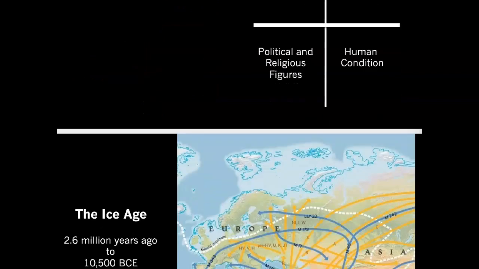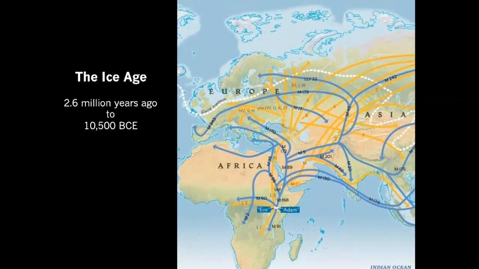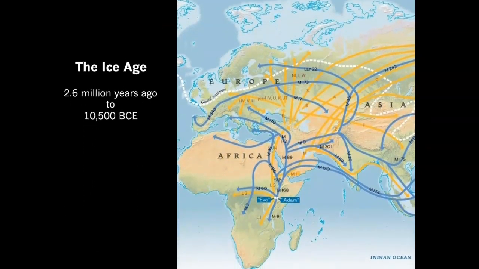When we go back 30,000 years, we are going back to a time called the Ice Age. Not the movie, The Ice Age, or its subsequent sequels. No, we're talking about a time in which the world was literally much colder and covered with a lot more ice. Now, this map here is showing an estimation of migration patterns of human beings.